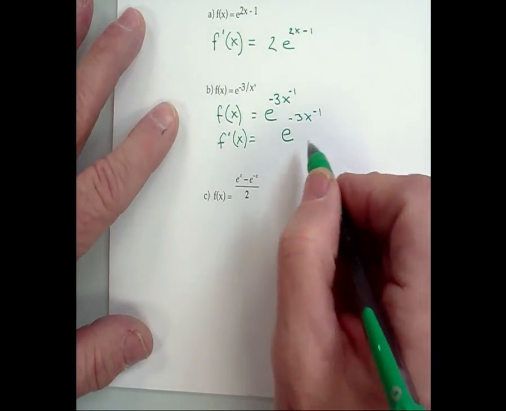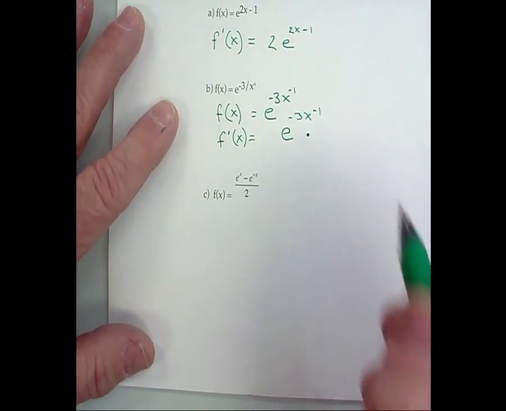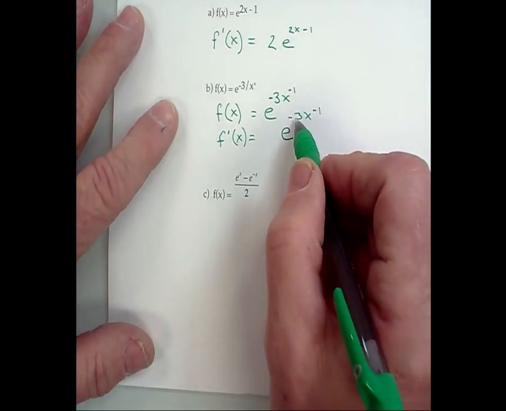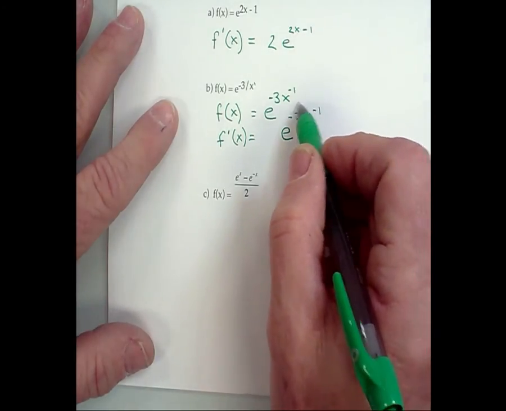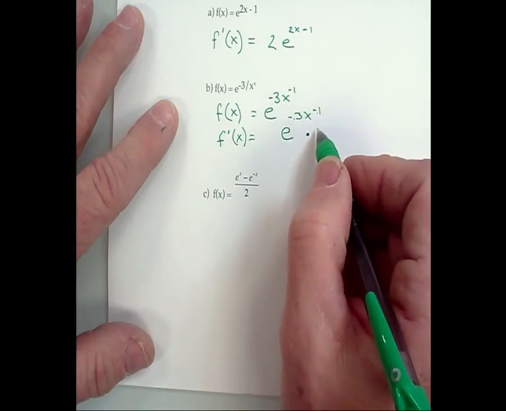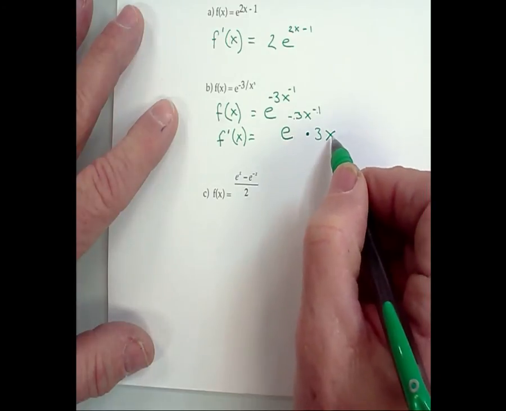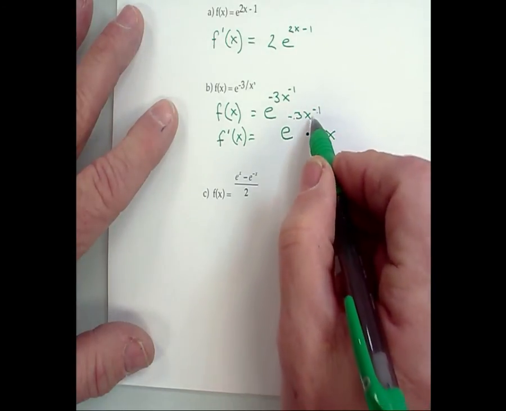Now we're going to multiply that by what? And you might have said it already and I didn't hear you. Well, you're going to take a negative 1 times a negative 3. You're going to take this derivative, correct? So a negative 1 times a negative 3 is 3. And then x is going to be there, right? Because it's going to stay part of that derivative.